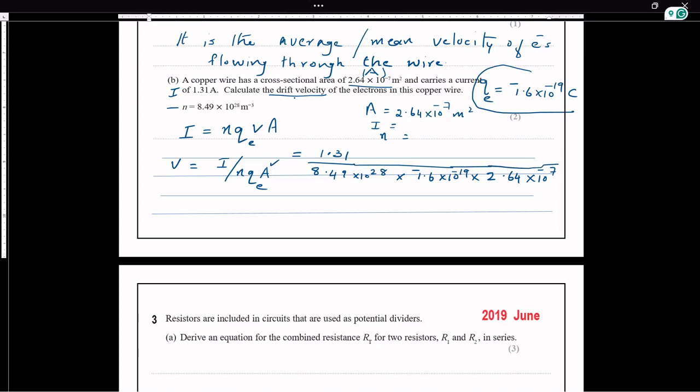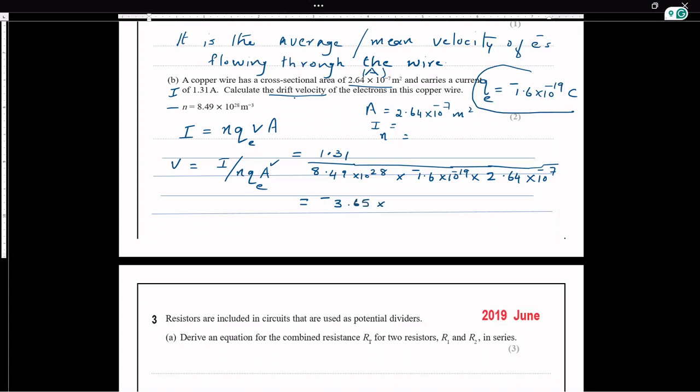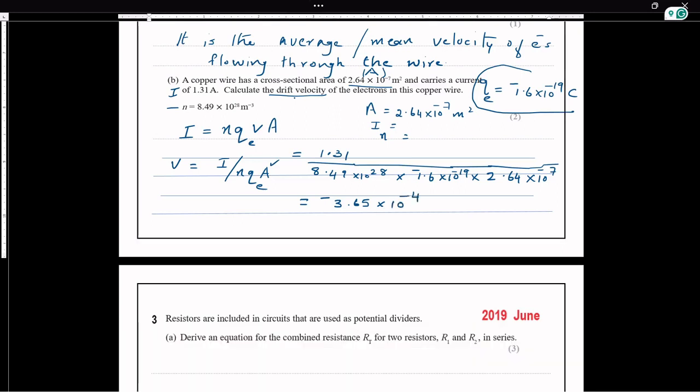So please make use of your calculator to find the final answer. You are getting an answer of negative 3.65 times 10 to the power of negative 4. It is the speed, so it is meter per second. This is the drift speed.